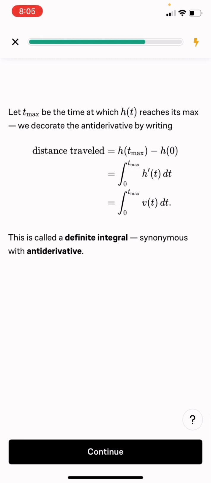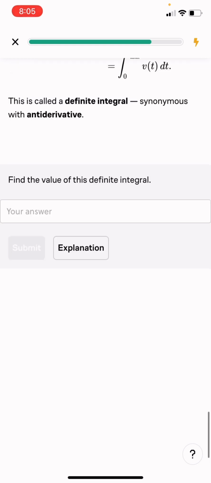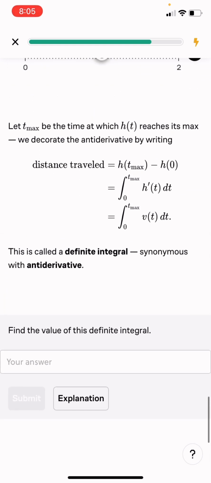We can express the distance traveled as h(t max) minus h(0), and we can simplify it below. This is called a definite integral, a synonym for antiderivative. Find the value of the definite integral.